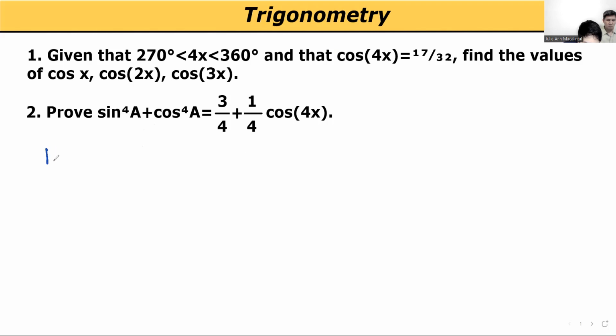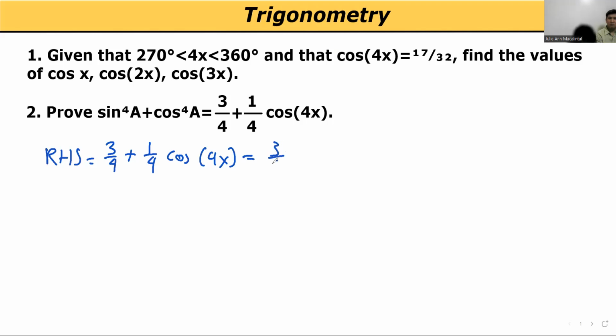So I will start with the RHS, which equals 3/4 plus 1/4 cos 4a. Then it equals 3/4 plus 1/4 times, for cos 4a, 2 cos squared 2a minus 1.